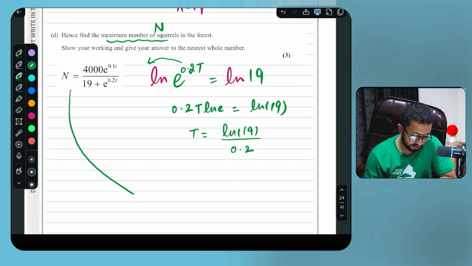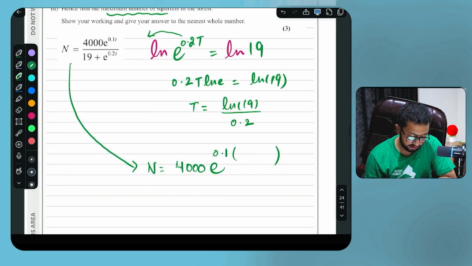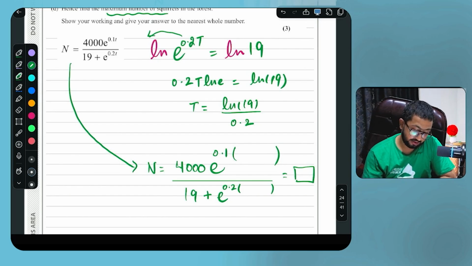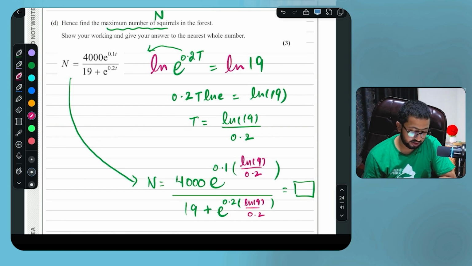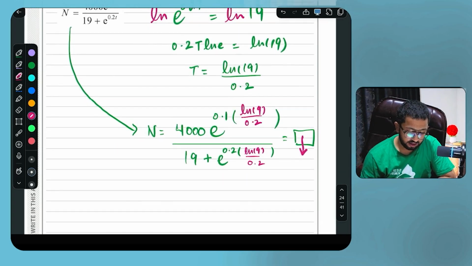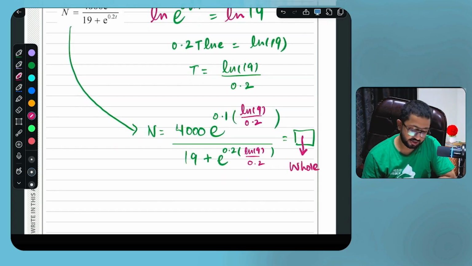Just substitute over here, n equal to 4000 e raised to power 0.1 t value divided by 19 plus e raised to power 0.2 t value, and then you will get the answer. The answer should be nearest to a whole number, as you can check from the calculator.